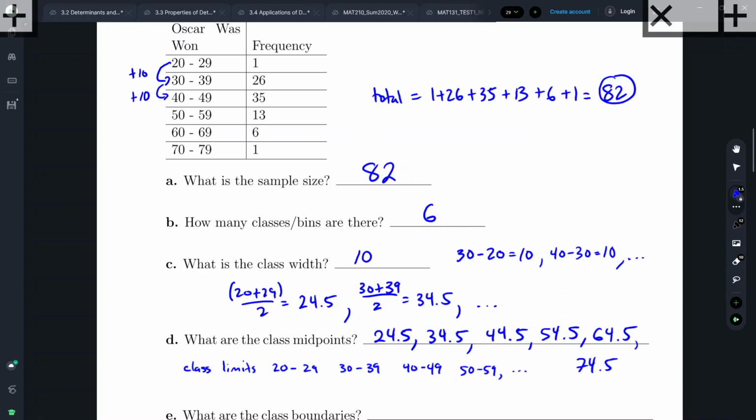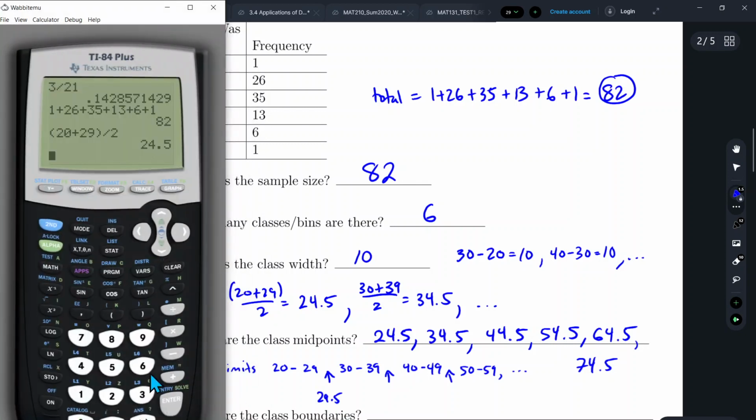So the way we obtain the class boundaries is to look in between consecutive classes like this, right? So in between the first class and the second class, midway between 29 and 30 would be 29.5, right? So if I average together 29 and 30 divided by 2, the boundary would be 29.5.